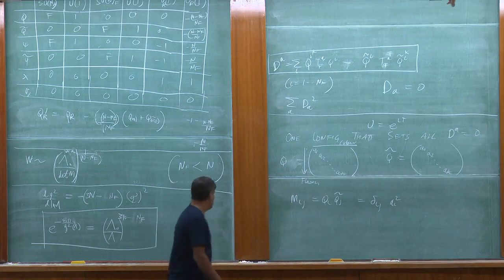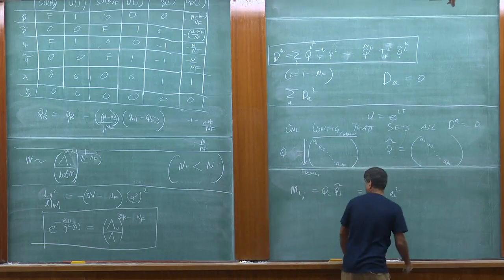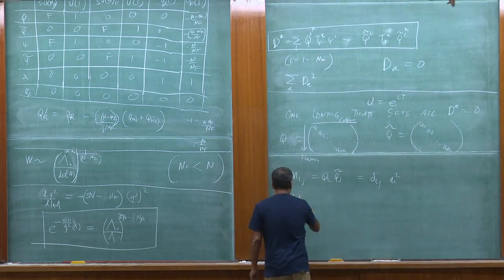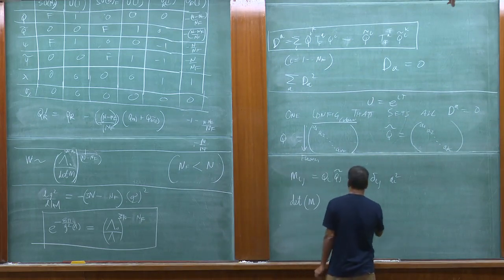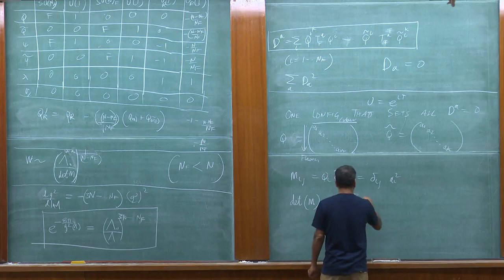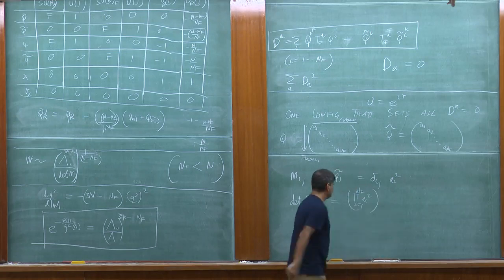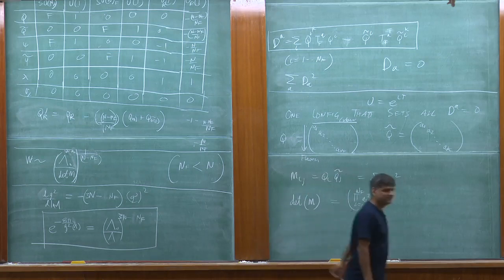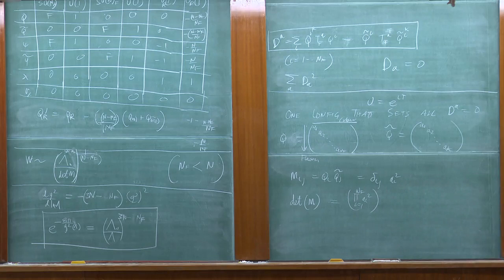Something else that we used a lot was det M, and that is equal to the product over i of A_i squared, i equal to 1 to Nf. All good? Okay, excellent.